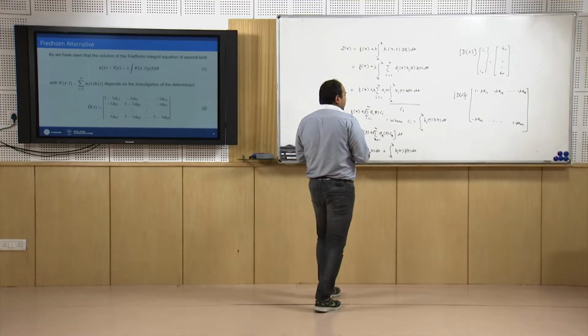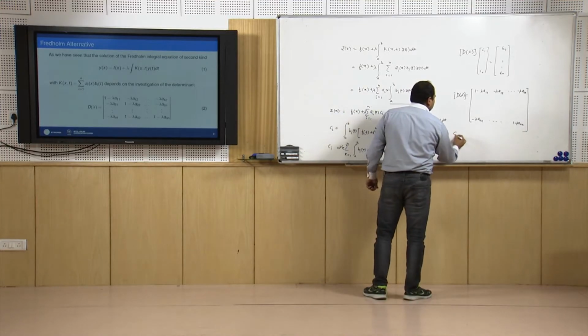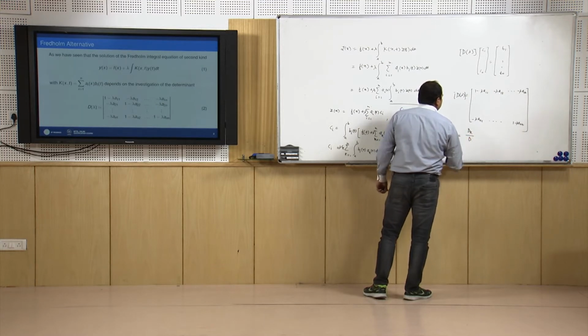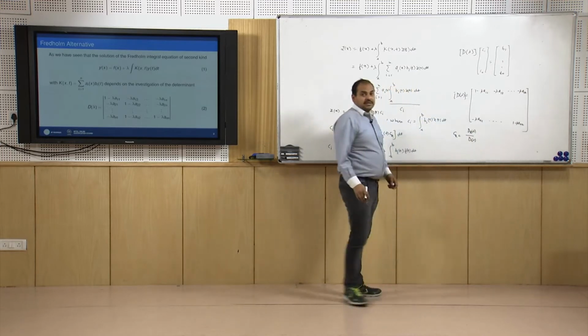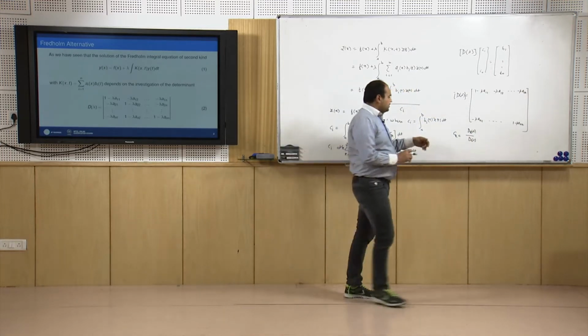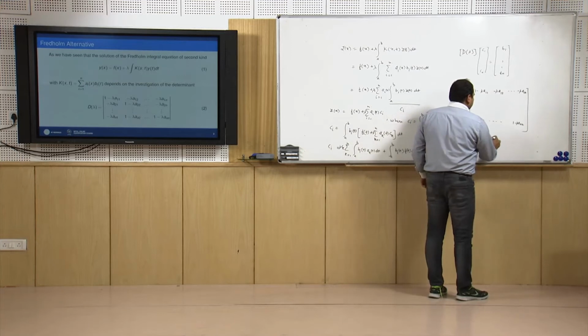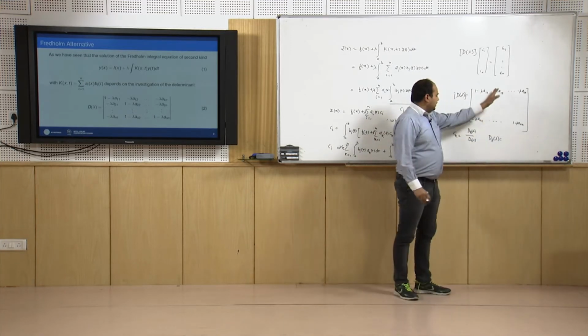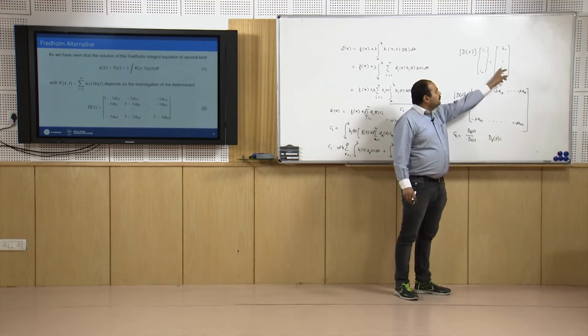So here I can find out Ck. Ck I can get from Dk(lambda) divided by D(lambda), by Cramer's rule. What is this Dk(lambda)? Dk(lambda) is nothing but you simply replace the kth column by f1 to fn.